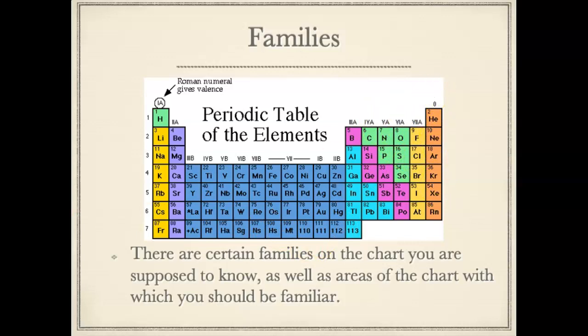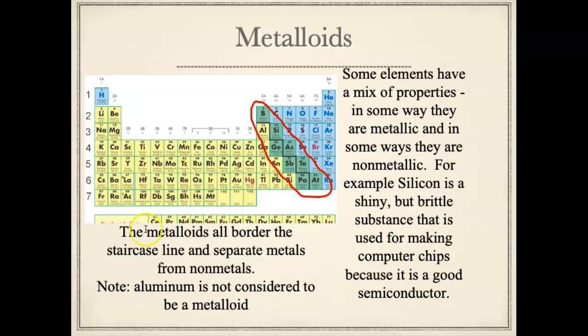And then the purple elements represent something that's a little bit of both. So let's talk about those real quick. We have the metalloids. Metalloids have a mixture of properties. At one point they included aluminum. There's usually a staircase line drawn on the periodic table. My big one doesn't have it, but I'll go through that with you in a second. The elements that border that line are considered to be metalloids.